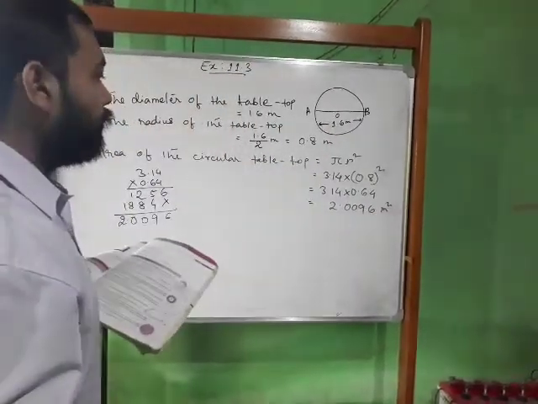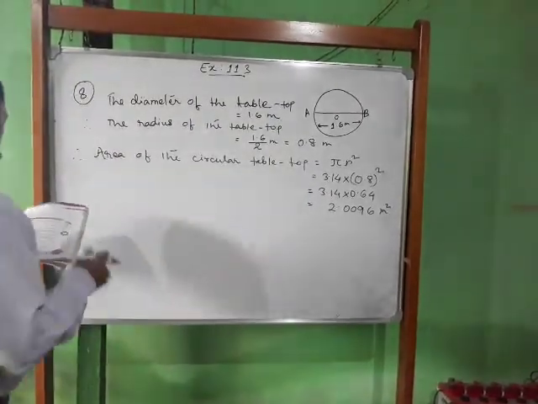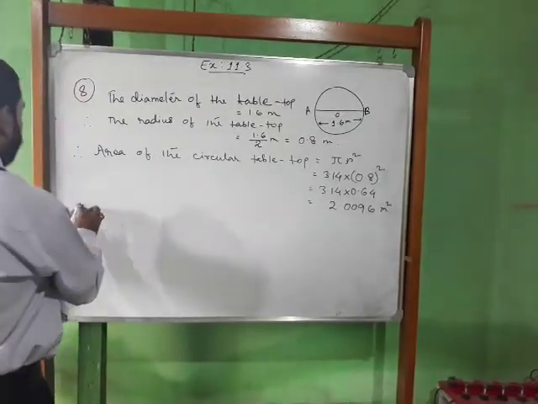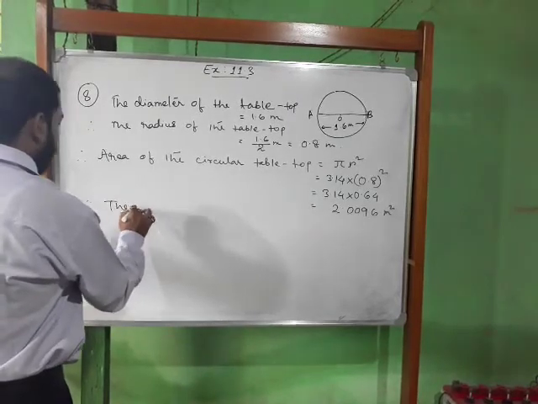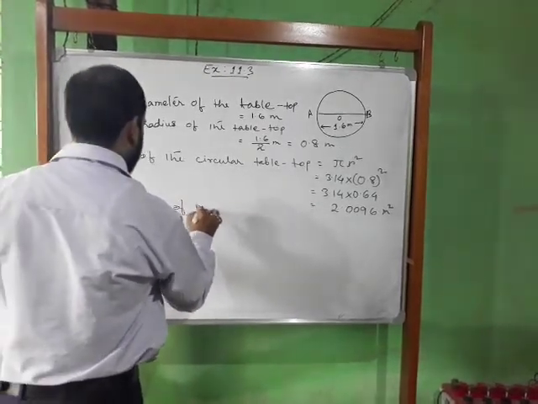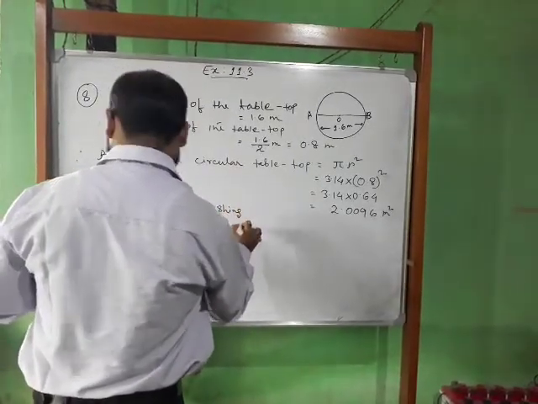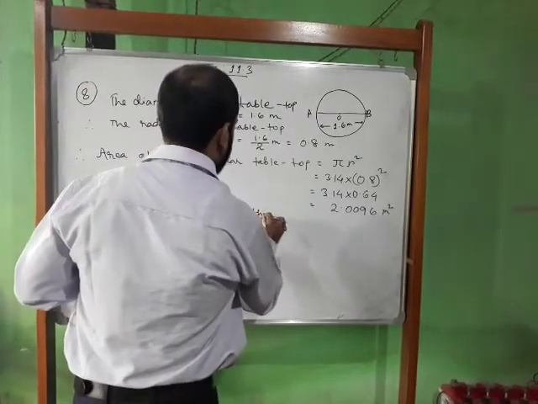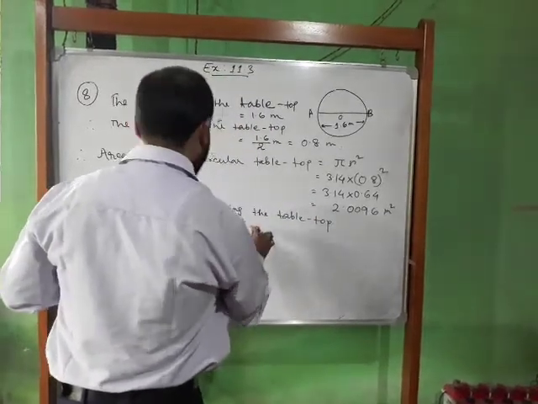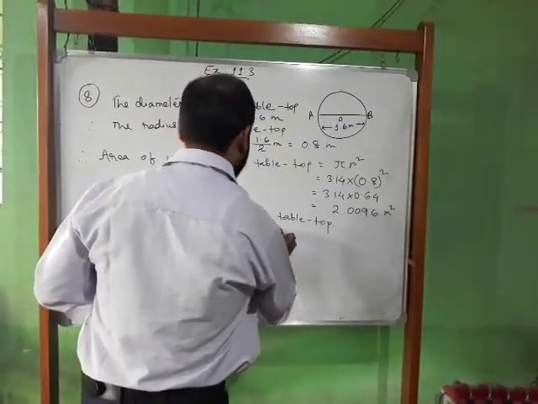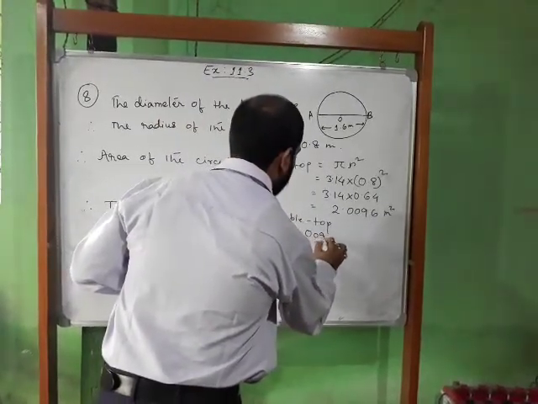Now we have to find the cost of polishing this tabletop. Therefore the cost of polishing the tabletop is equal to rupees 15 into 2.0096.